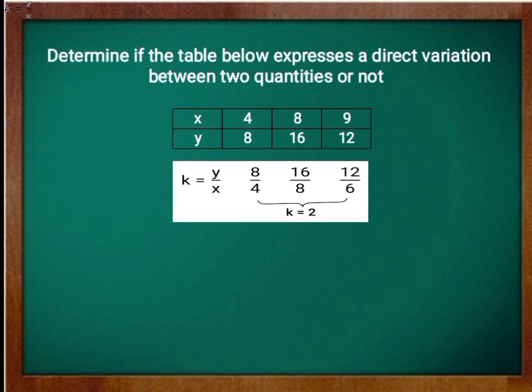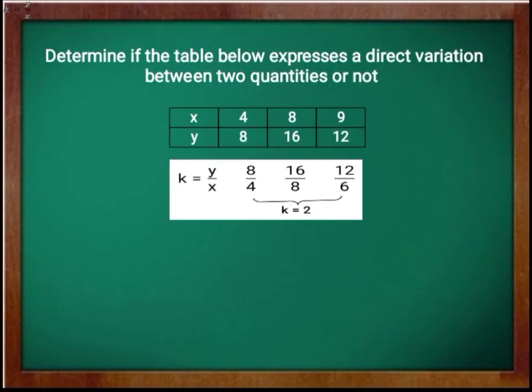So we will be using the formula of a direct variation, which is k is equal to y over x. We will use this expression so we can get directly the constant of variation. So let's plug in the values of x and y.